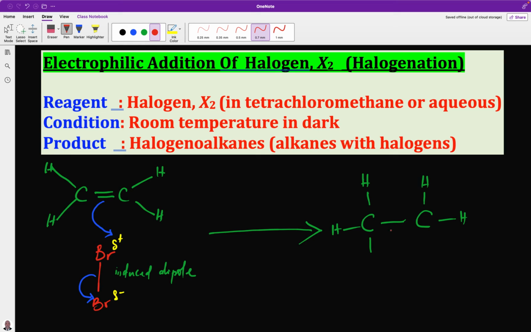Bromine is here. And what happens here? A carbocation is formed. This is an intermediate.